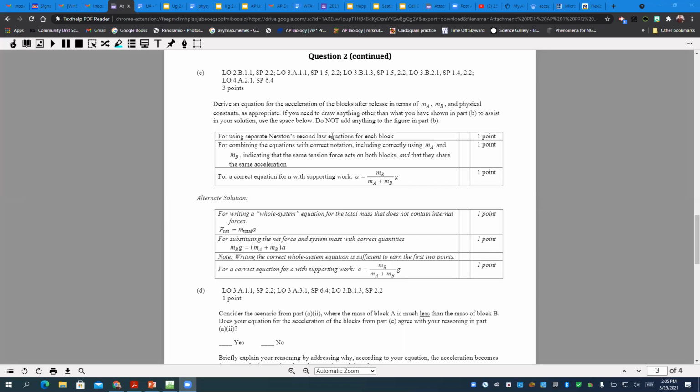You solve for the equations of both. You combine them together. It indicates the tension, it's the same tension, and they share the same acceleration, something along those lines, and then some work that got you there. So if you did that too in a slightly different way, that's okay too, but I like this way. So that's why I indicate it.